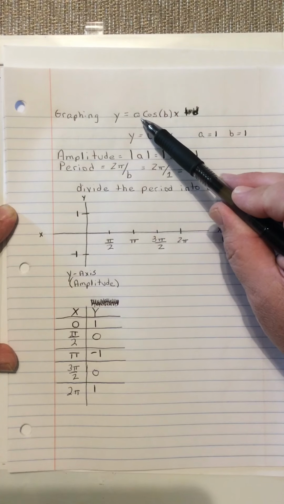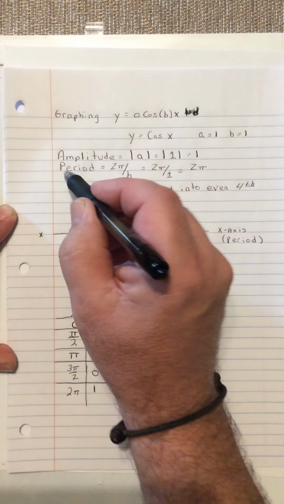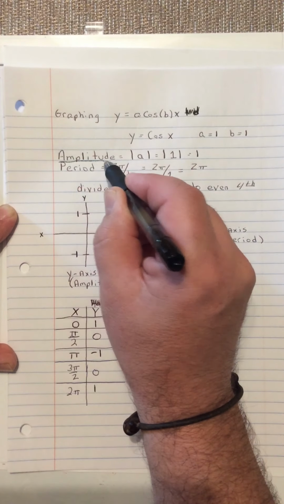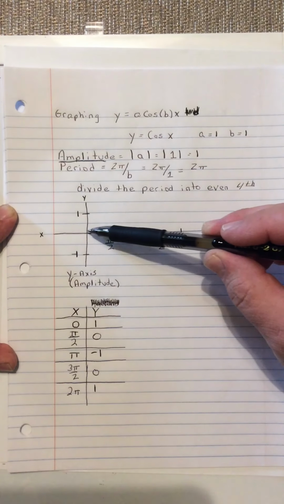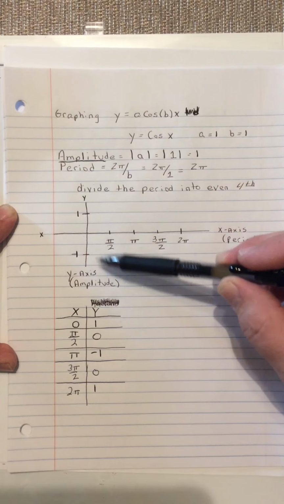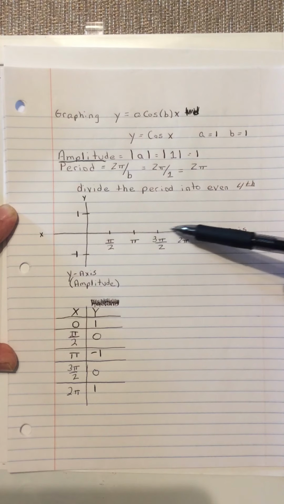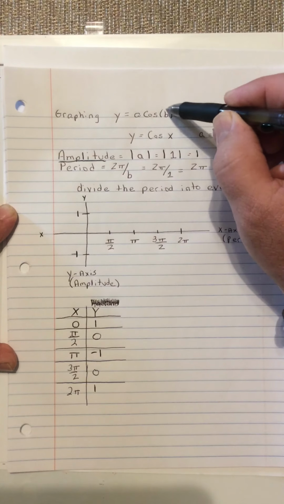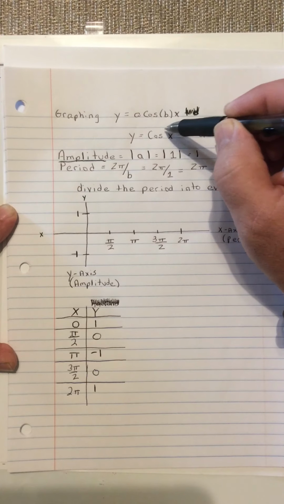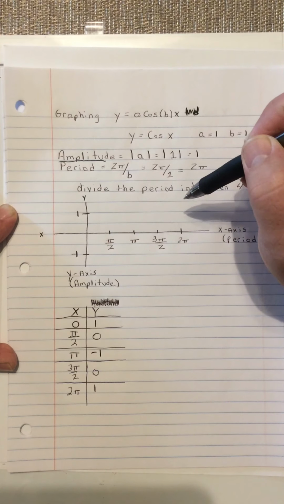The coefficient, this a value, is what we refer to as the amplitude of a graph. That's how high or low it comes off of its axis of oscillation. This b number, the coefficient of x, is also 1 in this problem.